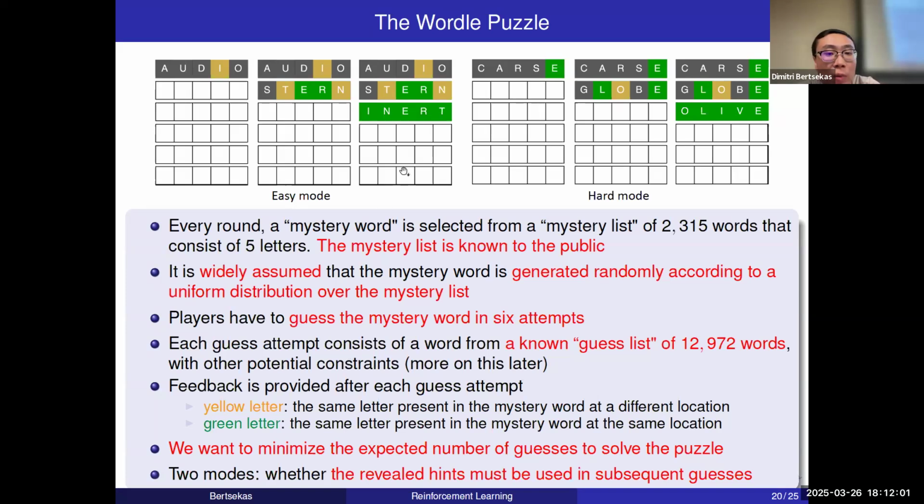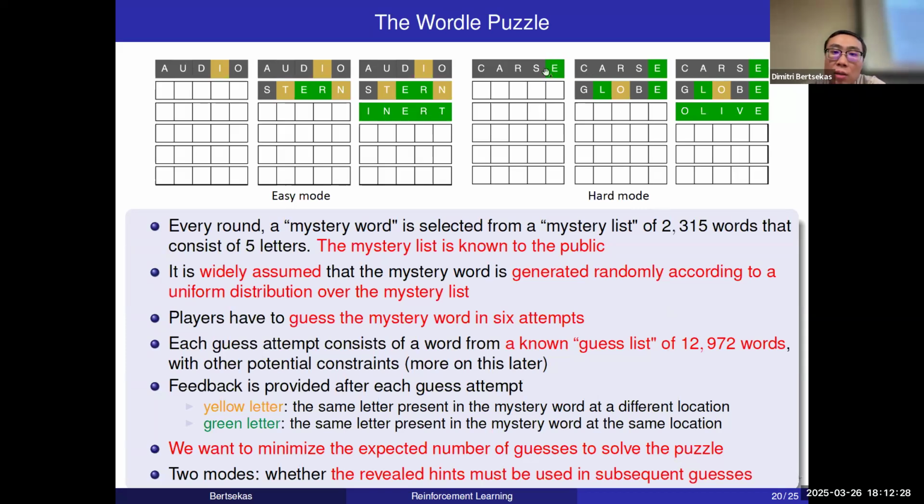There are 2 modes of the program. One is the easy mode and one is the hard mode. In the easy mode, after each guess, you can freely select any of these 12,000 words as the guess word for your next attempt. On the other hand, in the hard mode, all the revealed hints must be used in subsequent guesses.